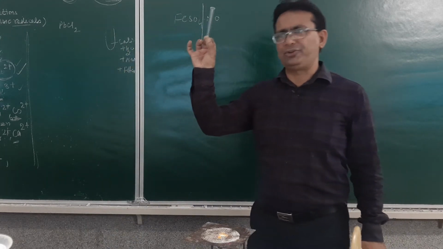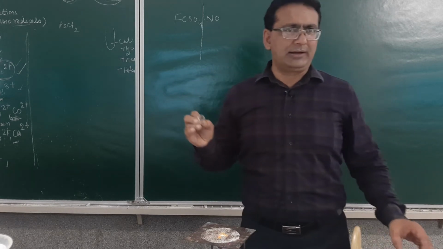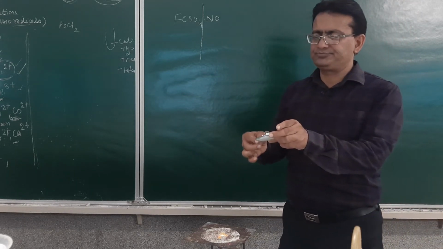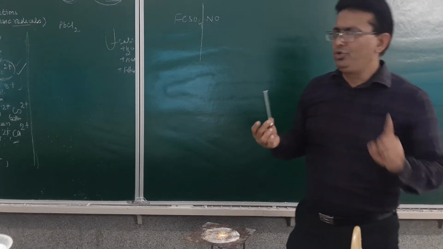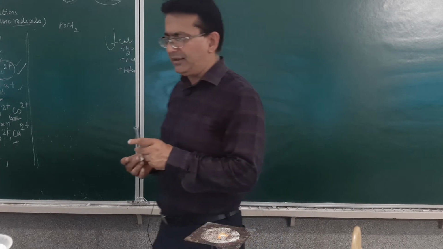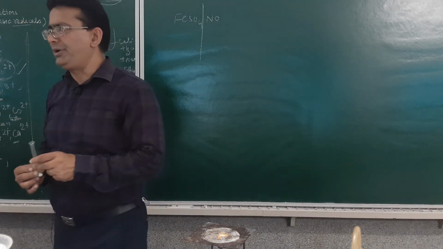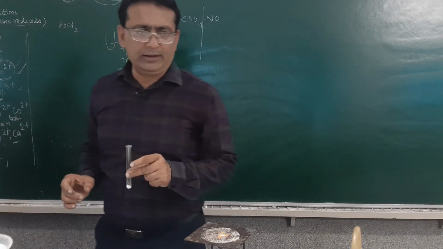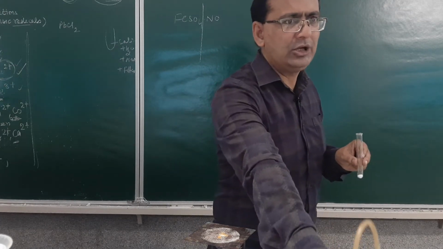How do I prepare the original solution? I'll again take the test tube. Now see very carefully. In this test tube we'll take a salt. We have taken the salt. You just look at your study material, the table that is being provided to you. What is to be done? We'll take the salt, and to the salt we will be adding dilute HCl.